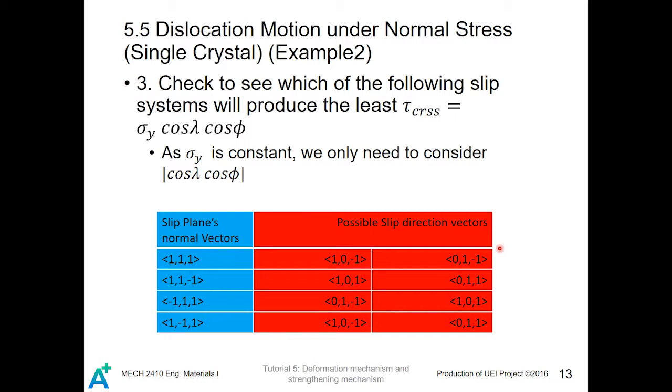And the first thing is to check whether the following system will produce the least value of the critical resolved shear stress, which is equal to the applied normal stress times two cosine terms, which are the two angles. Again, the applied stress is constant, so we only need to consider this value.